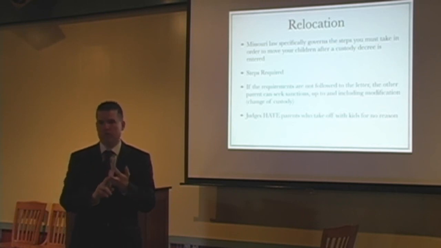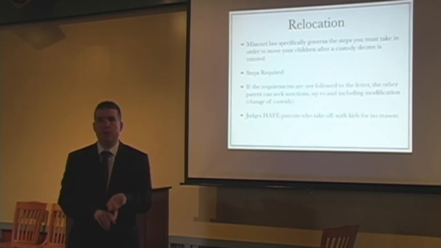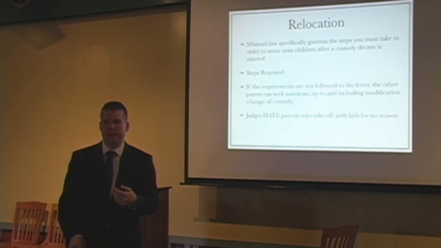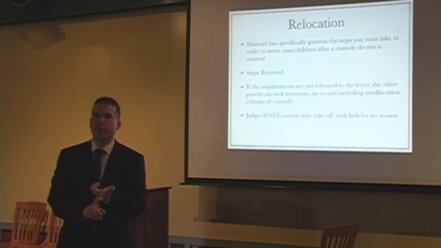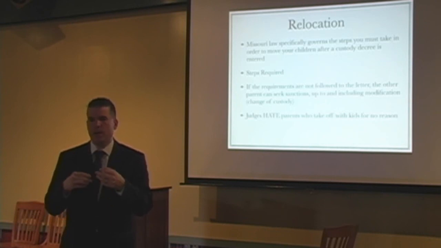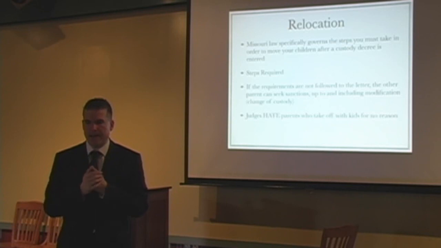If you are moving out of state, you have to tell the other party what you propose your new visitation schedule is going to be. You have to tell the party when you're moving. You have to give them your new address. You have to give them a new phone number. You have to be very specific in what your plan is, and you have to ensure that that party has received that notice.